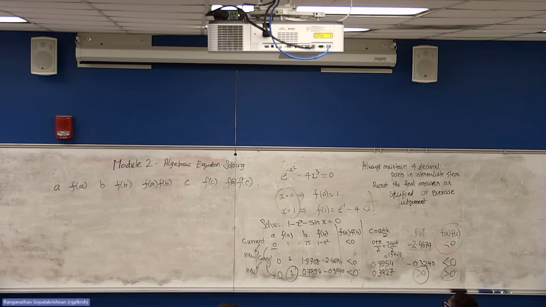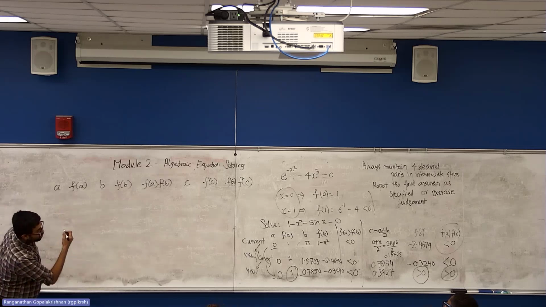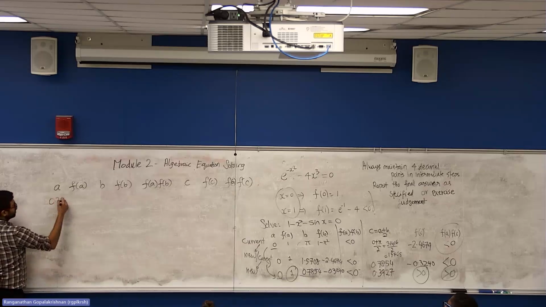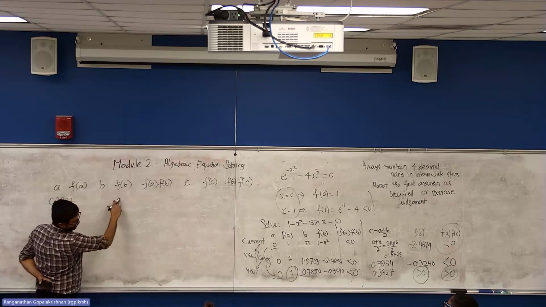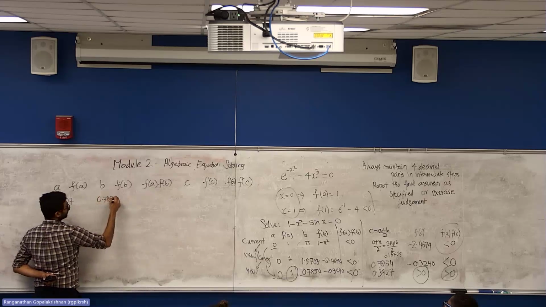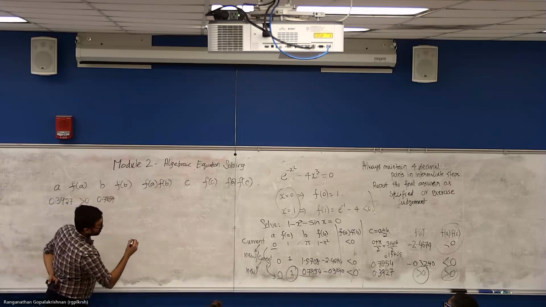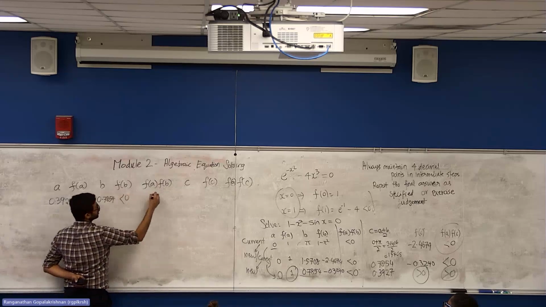Current c becomes the new a, right? So this value becomes 0.3927, whereas b remains the same as 0.7854. So this is positive, this is negative, so this must be negative.